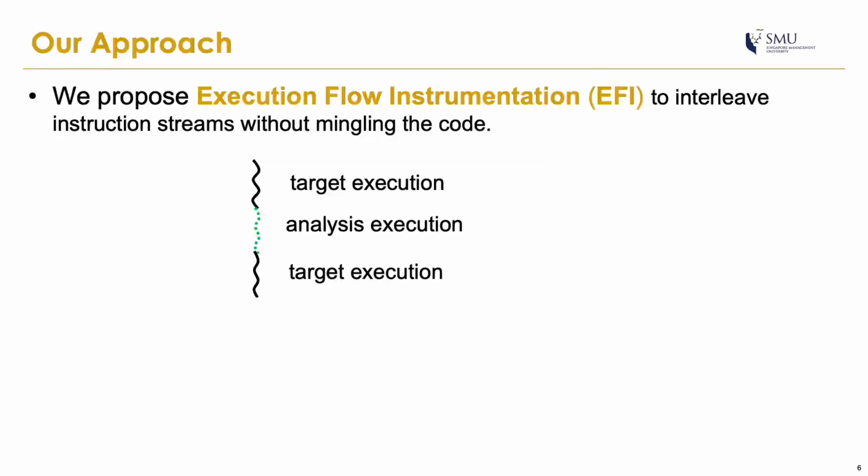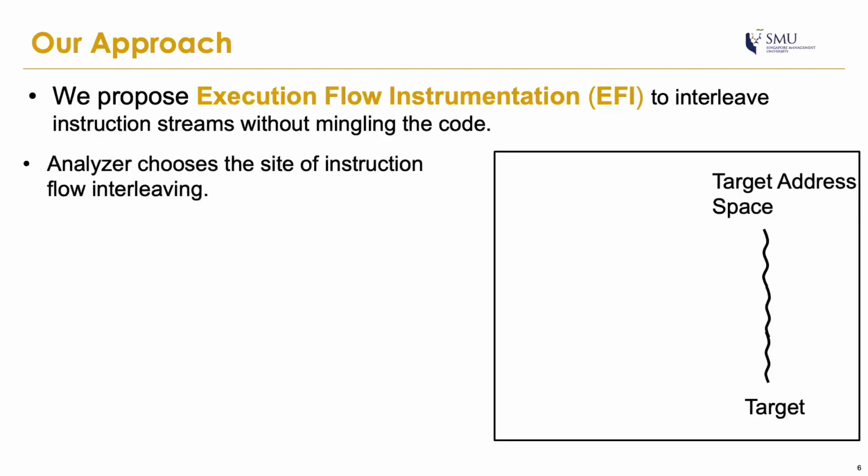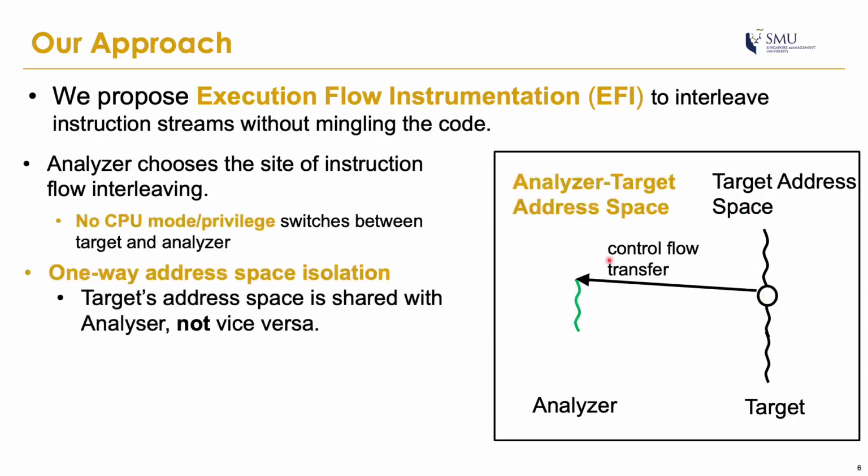We propose execution flow instrumentation to interleave instruction strings without mixing the code. To be more specific, the analyzer chooses the site of instruction flow interleaving. When the target executes to the site, the control flow is diverted to the analyzer, where the analyzer runs in a shared address space, which is different from the address space where the target executes.